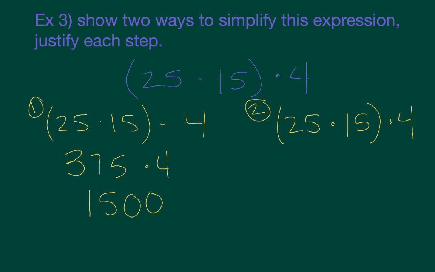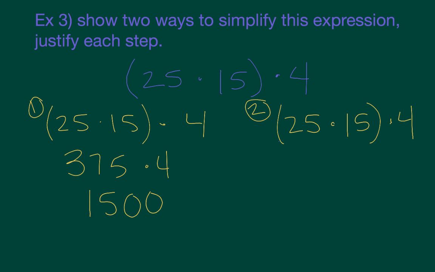According to our rules, no matter how you turn numbers around in multiplication, the answer is still going to be the same. So we're just going to put numbers together that will work the best. I want to move the 25 and the 4 together, because 25 times 4 gets us a number that's really easy to solve.